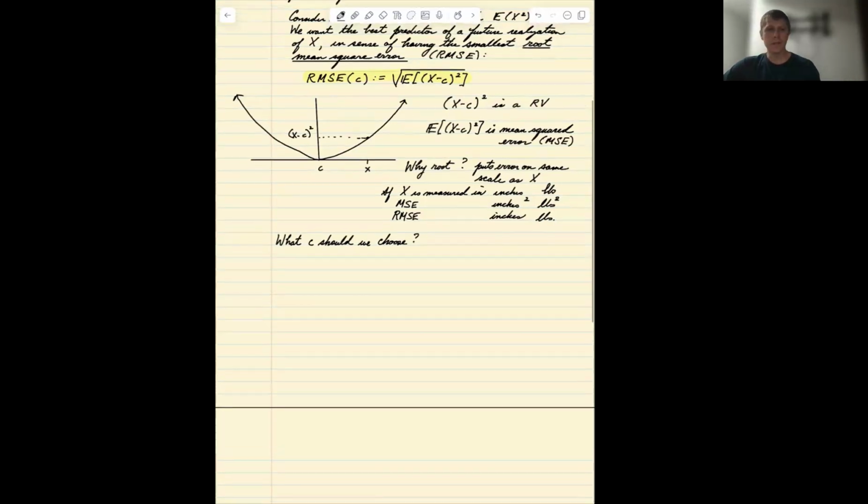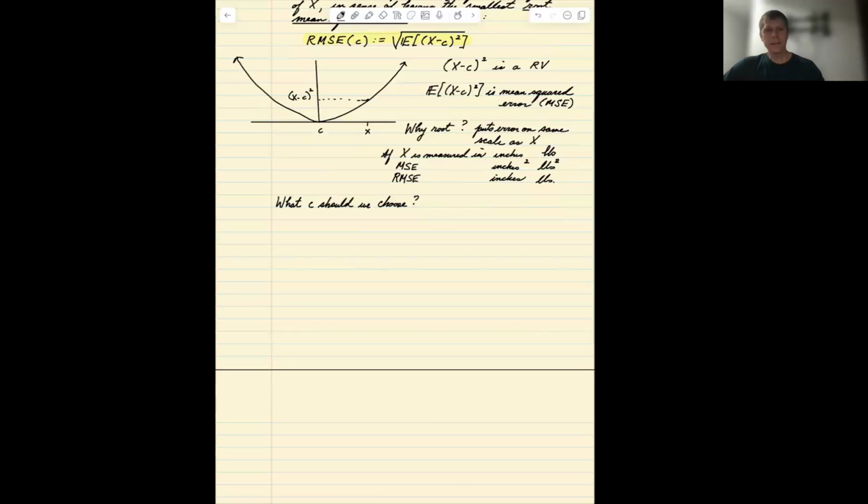In other words, what is our best choice of C to predict X to minimize the root mean squared error? And for this, first of all, let's just define mu to be the expectation of X. That's a common notation that we're going to see throughout the course.